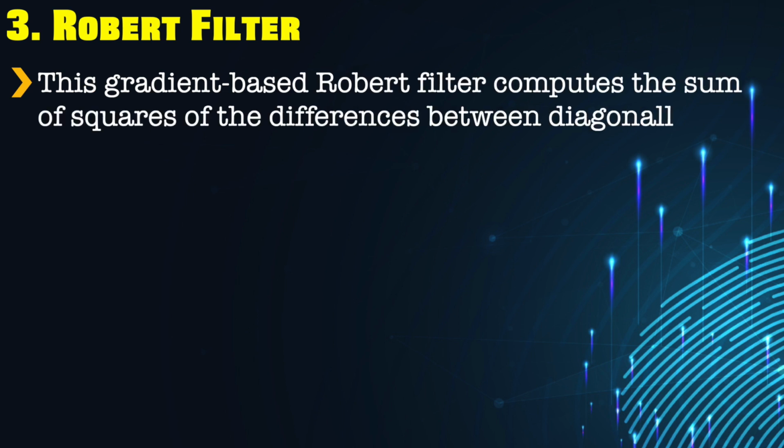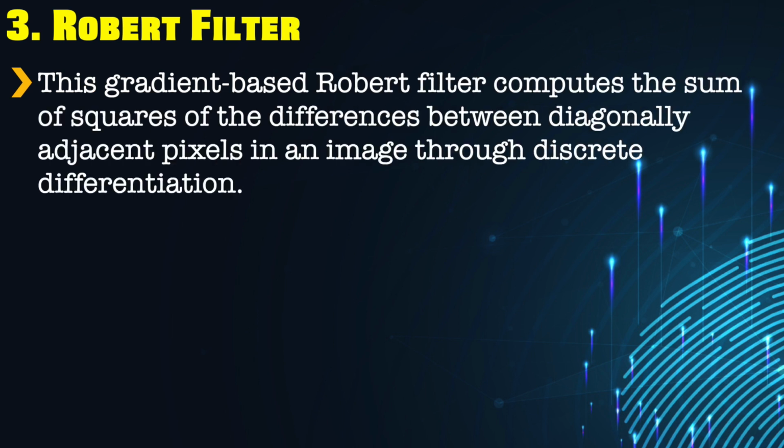Robert filter is an even smaller filter as compared to the Sobel filter and Prewitt filter. Here we use a 2x2 kernel instead of 3x3. That is also very nice, as it enhances the computation time of the filter. The gradient based Robert filter takes the sum of the square of differences between diagonally adjacent pixels through discrete differentiation.